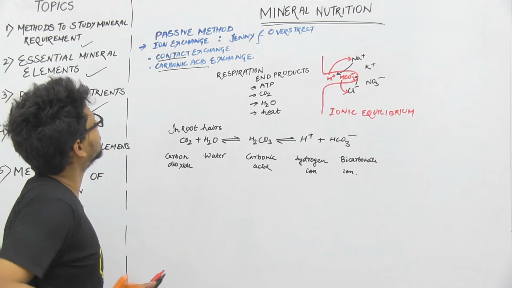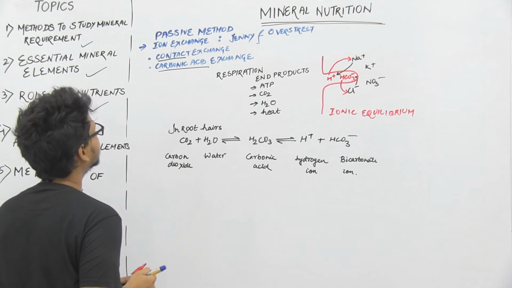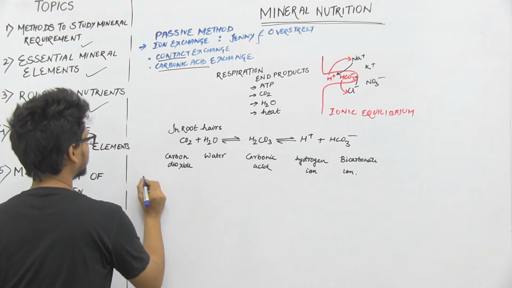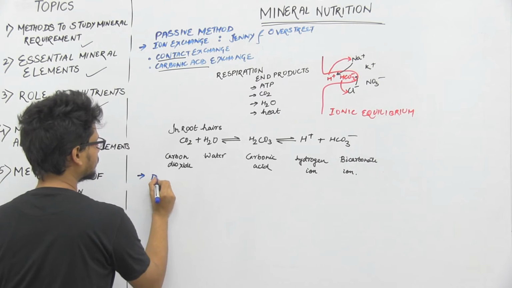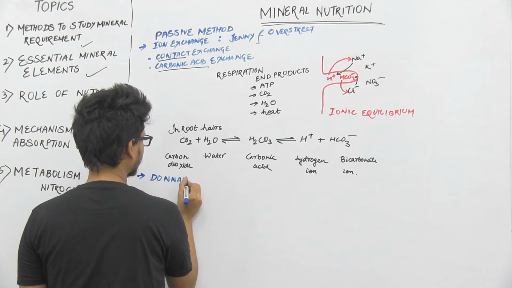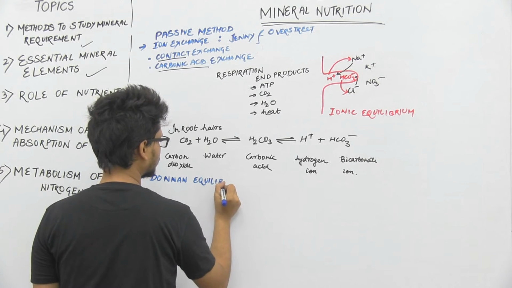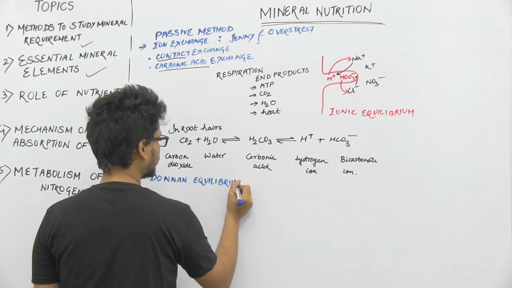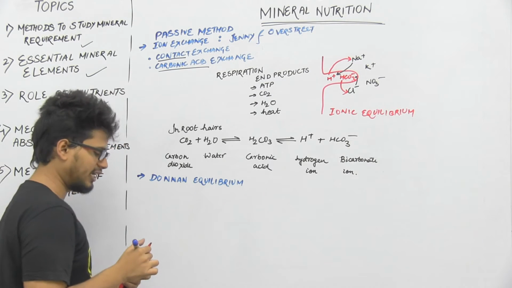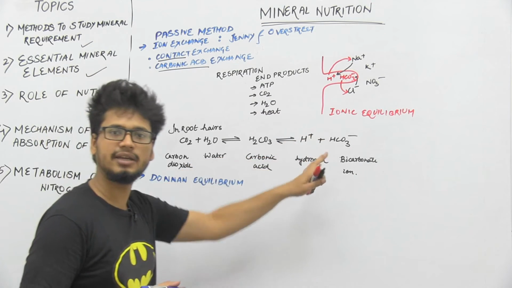Now we'll move to the second method, that is Donnan equilibrium. Now, Donnan equilibrium also involves equilibrium, so we are basically talking about ionic equilibrium only.